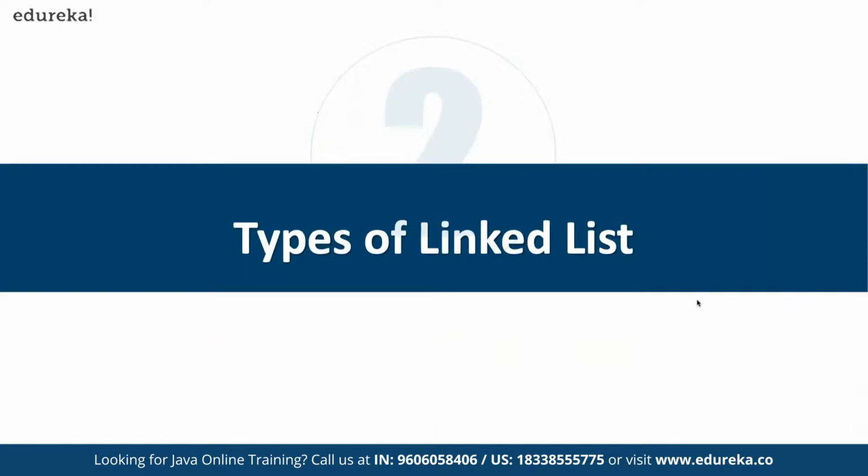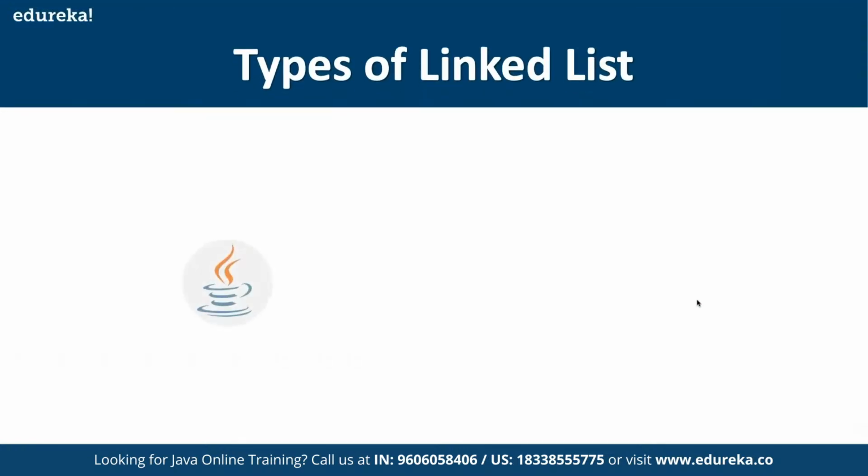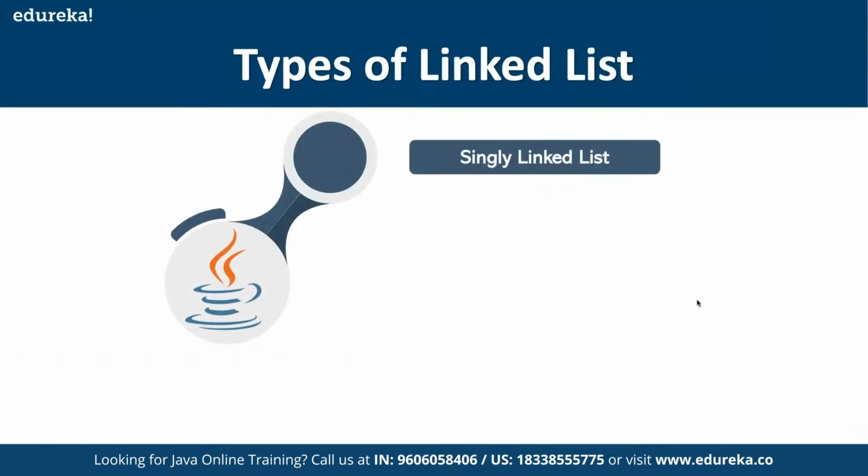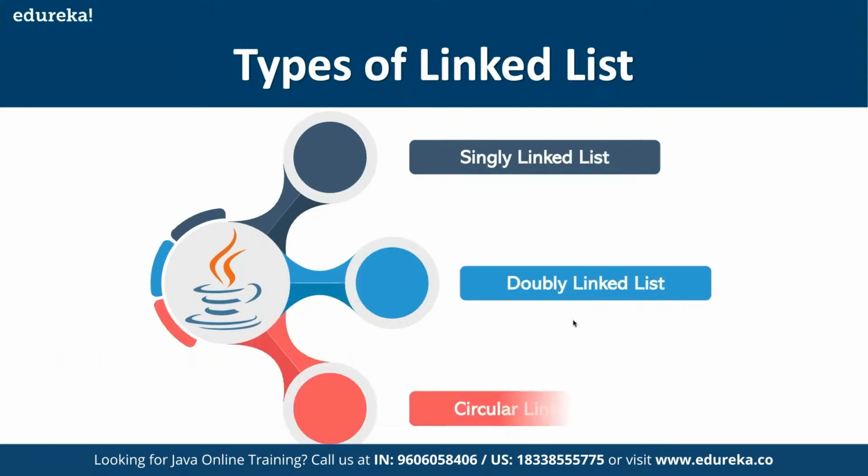Now, as we discussed, there are multiple types of linked list. First we have the singly linked list, then the doubly linked list, and then the circular linked list. Singly is also called unidirectional, doubly is bidirectional, and then we have circular.